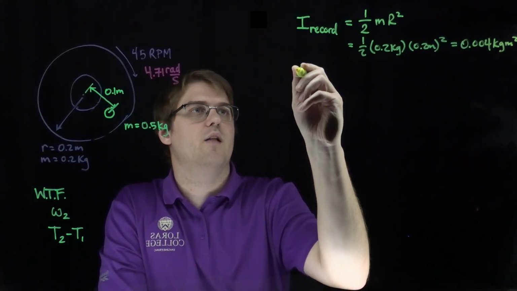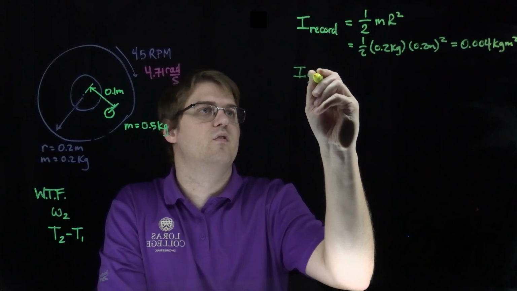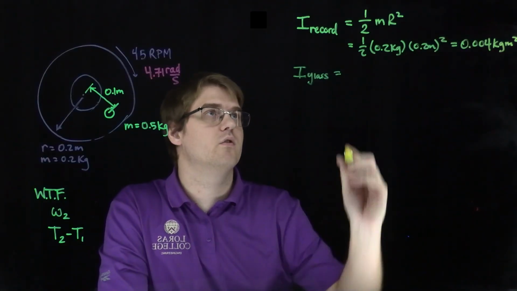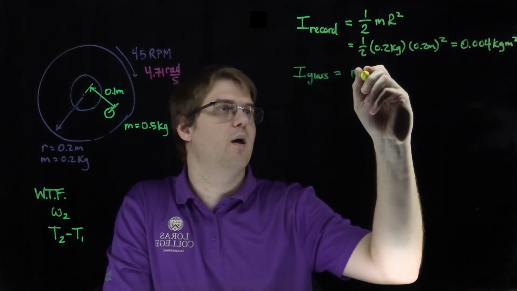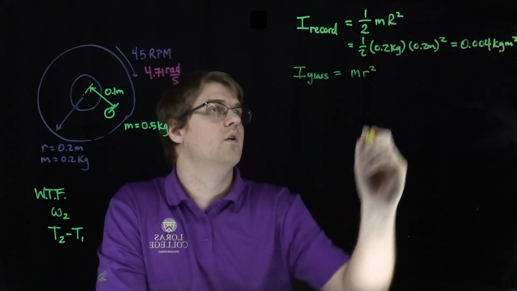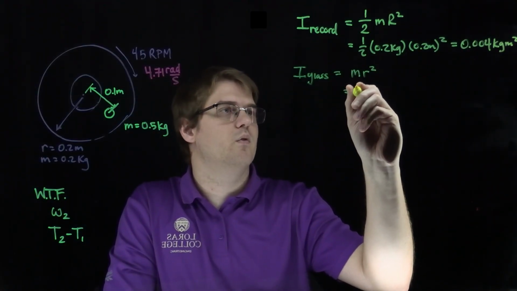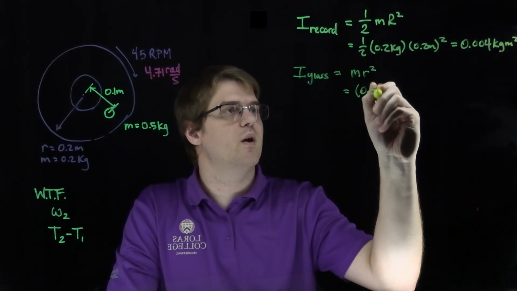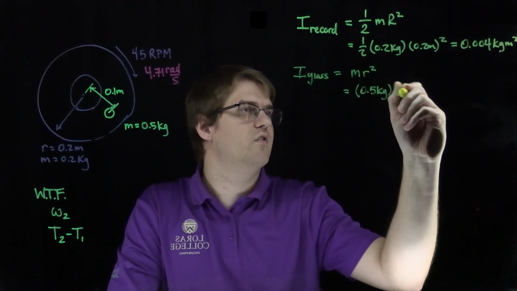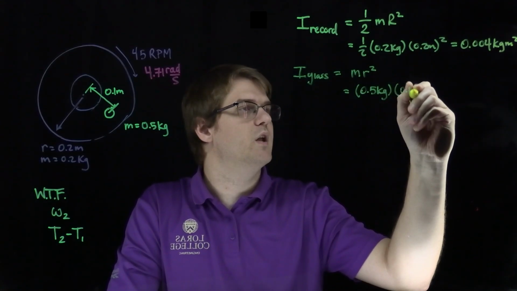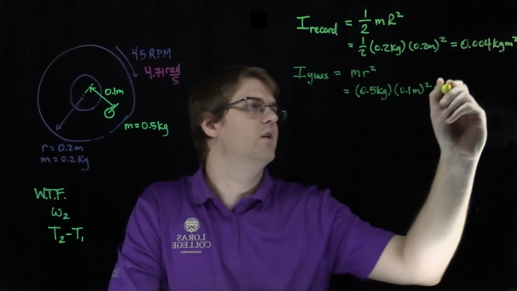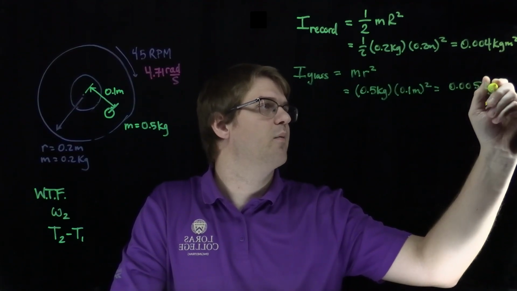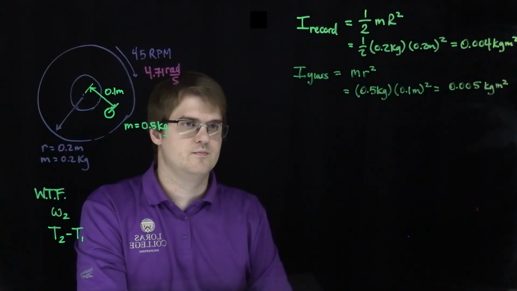Then I have my glass, which is being added. That is going to act as a point mass, so that is going to be just straight up mr squared. My glass has a mass of 0.5 kilograms, and my radius is 0.1 meters. That squared is going to give me 0.005 kilogram meter squared. Great.